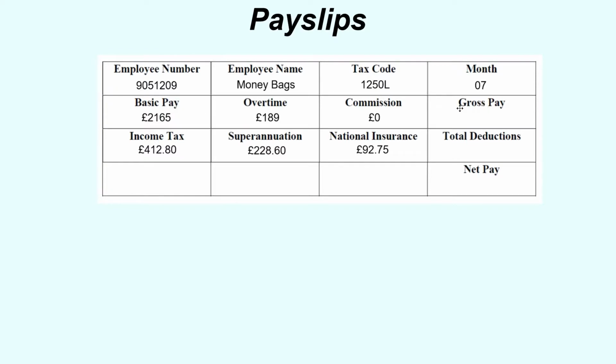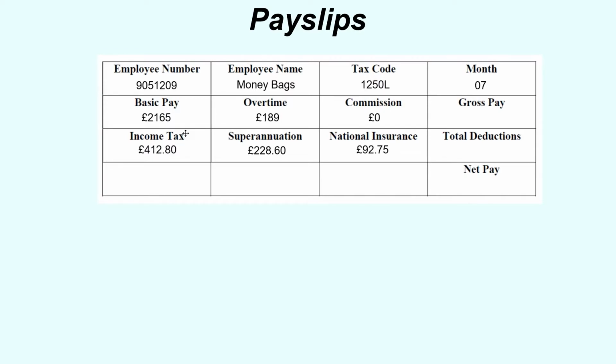In the next line, we've got a list of different incomes, so basic pay, overtime, commission, and then the gross pay. Gross pay is the total of all the individual incomes, so the basic pay, the overtime, and the commission in this case.